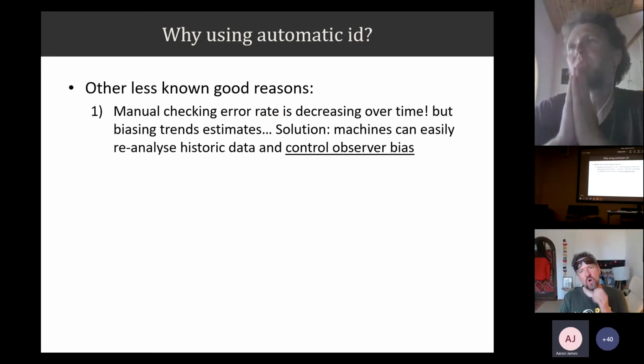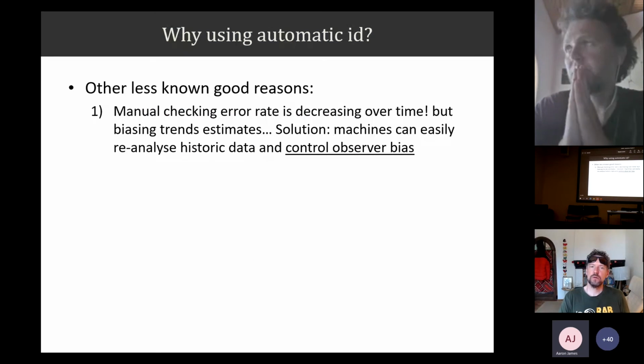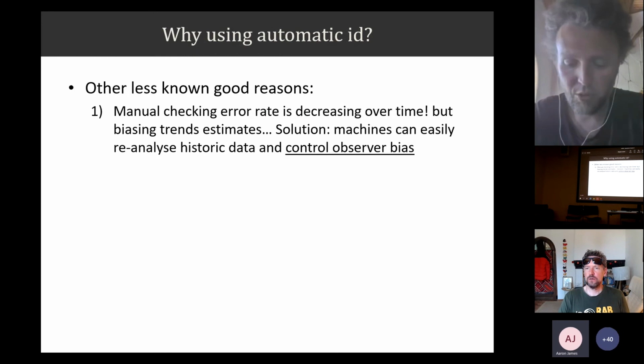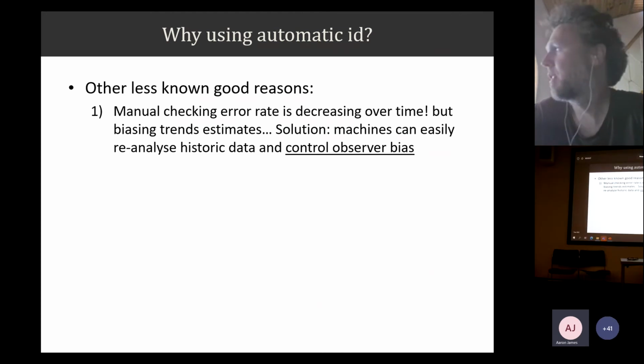There is a good thing with automatic ID that is not so well known: it can control observer bias, and it's quite important for long-term monitoring programs because participants, humans, tend to improve their identification ability over time, and it can produce quite a lot of bias.